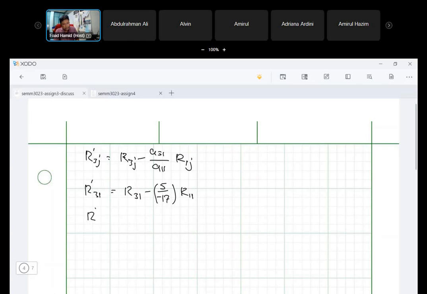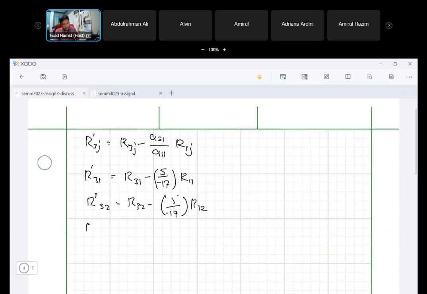R prime 32 equals R32 minus 5 over 17 R12.